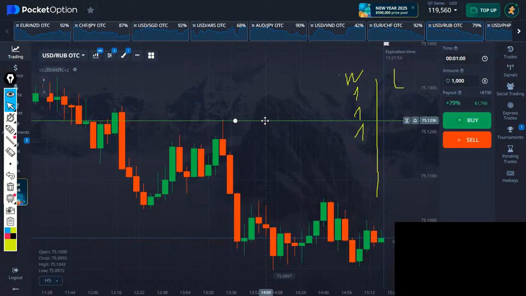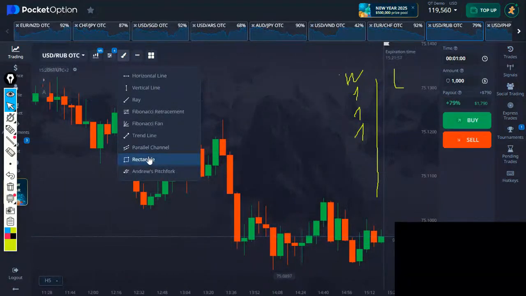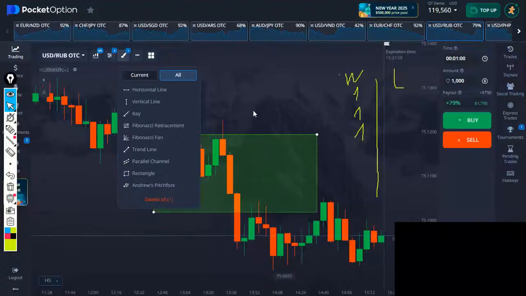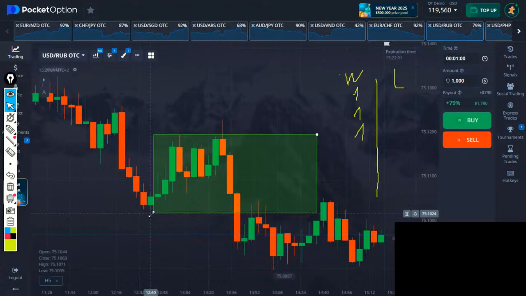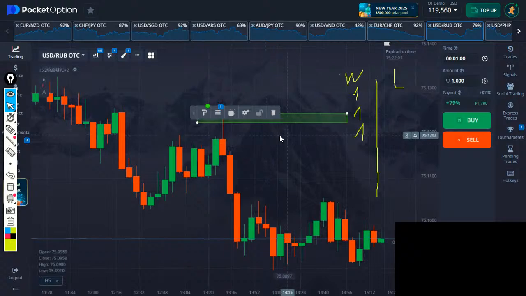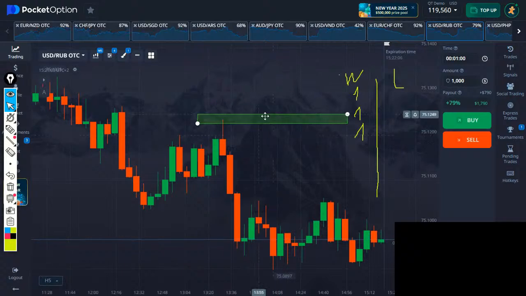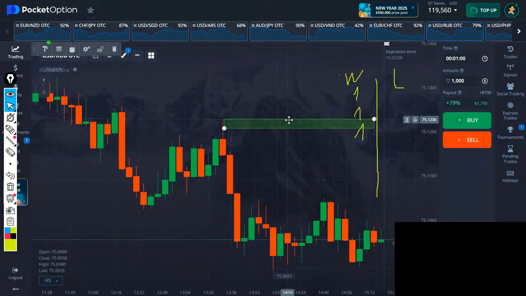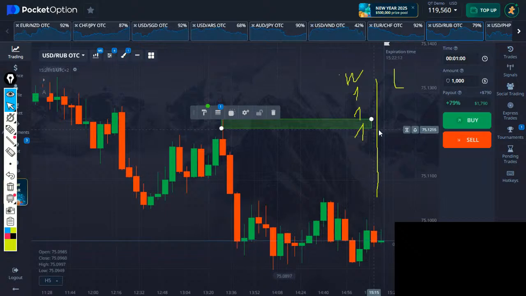Let me use a rectangle. Rectangles are better in this case. You are able to spot the exact location. See that? Beautiful over here. And slide it to the future.